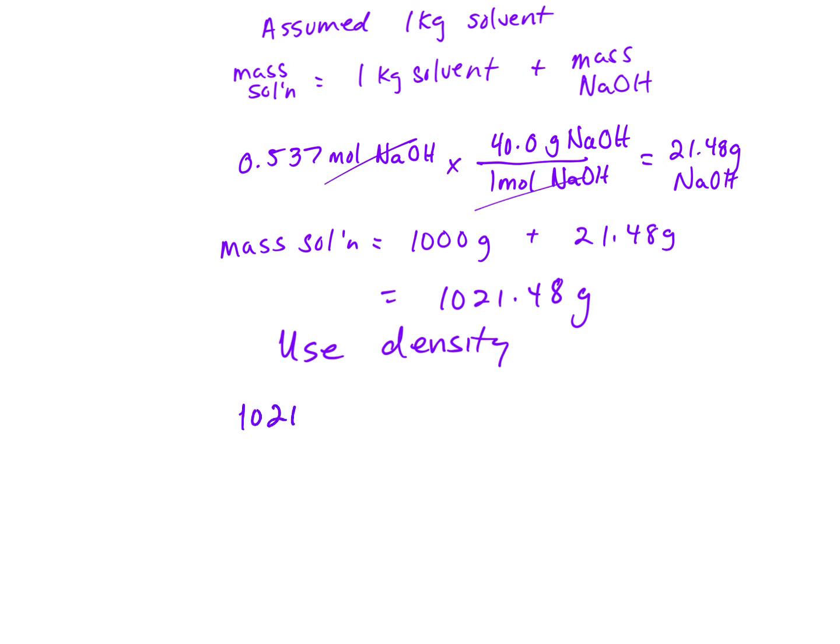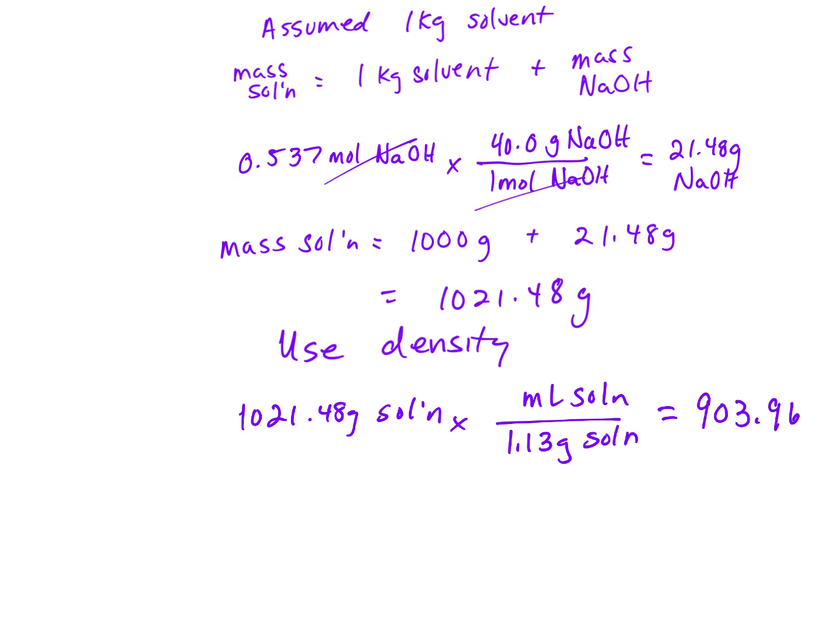So 1021.48 grams of solution, divided by the 1.13 grams of solution per milliliter of solution, which gives me 903.96 milliliters of solution, or 0.90396 liters of solution. There's 1,000 milliliters in 1 liter. That's where that's coming from.